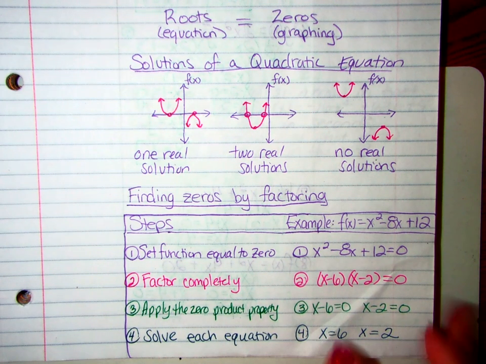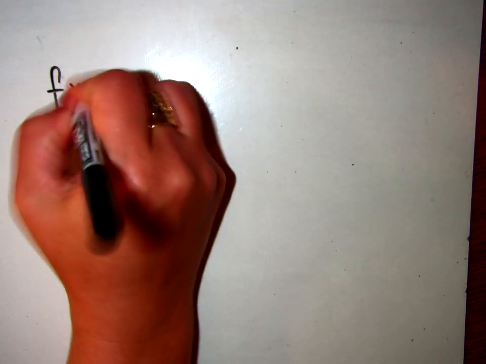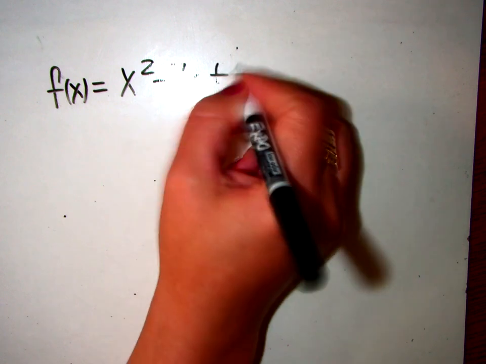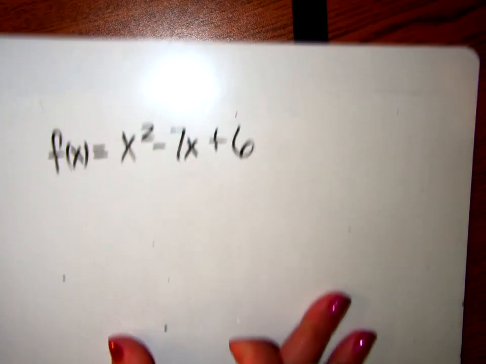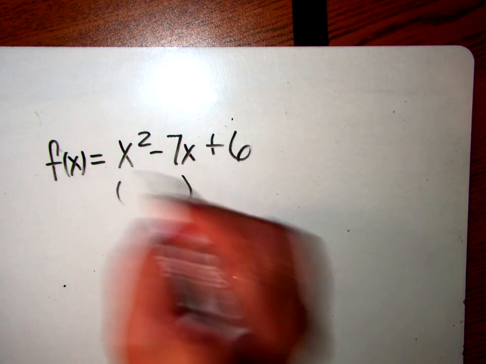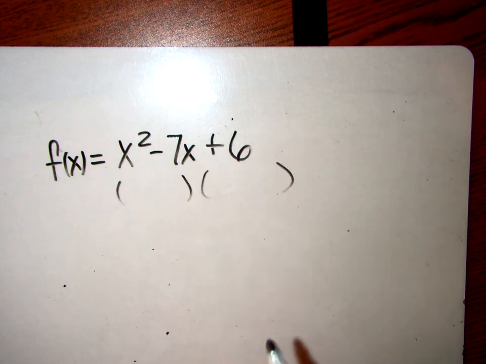Okay? So let's try a couple examples. We are going to try f of x equals x squared minus 7x plus 6. Oh, let me move that down a little bit so you can see it. All right, so trinomial, I know I'm going to have two parentheses.